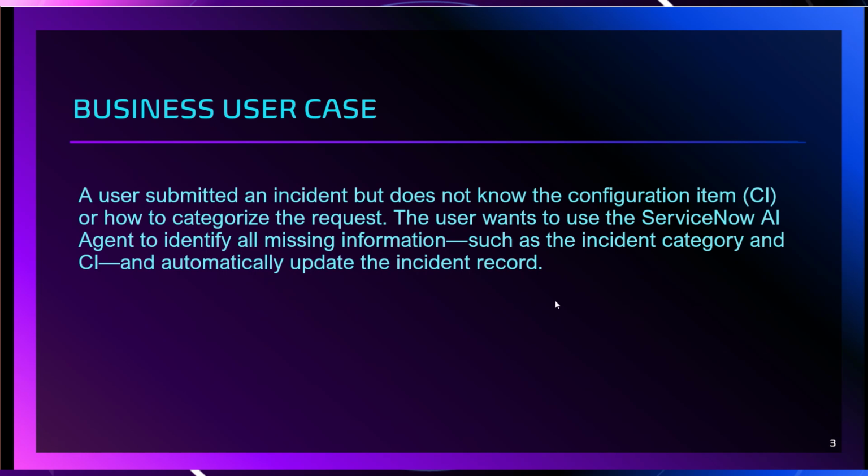For a big company, you would like to use the ServiceNow AI agent to identify all missing information based on records submitted by the end user, for example incident category and the configuration item, and it could be other fields as well.